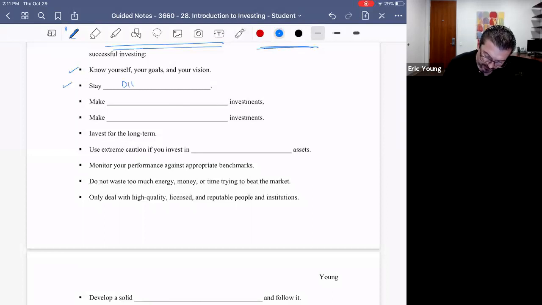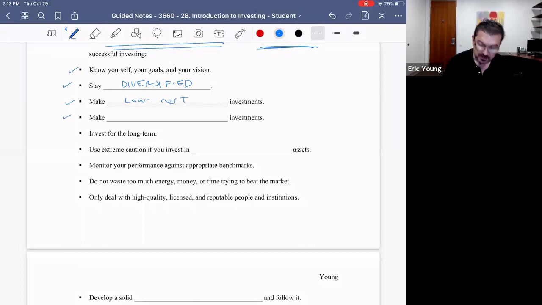Number two, stay diversified. Number three, make low cost, low fee investments. Use tools that have the lowest possible fees.